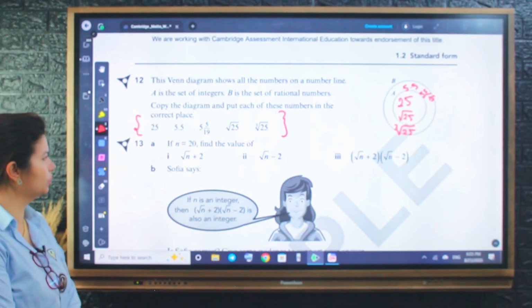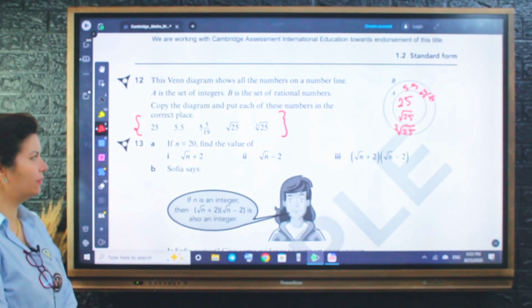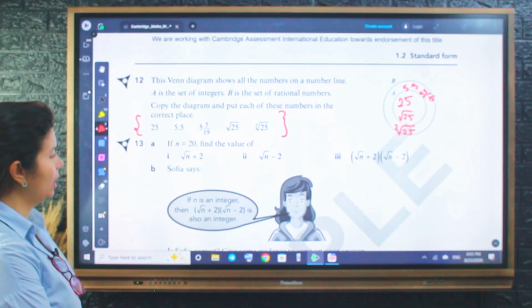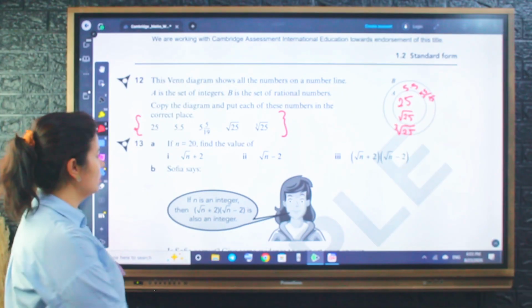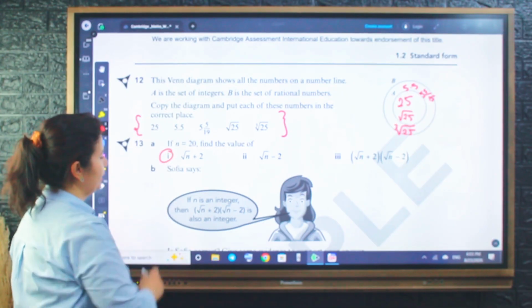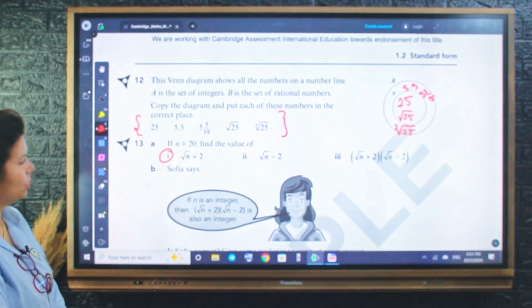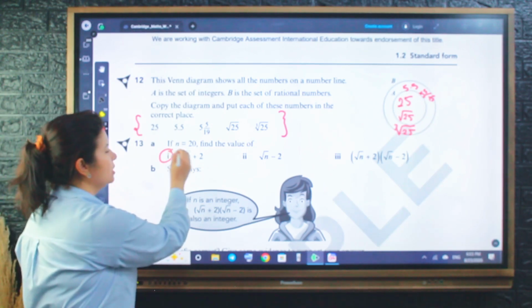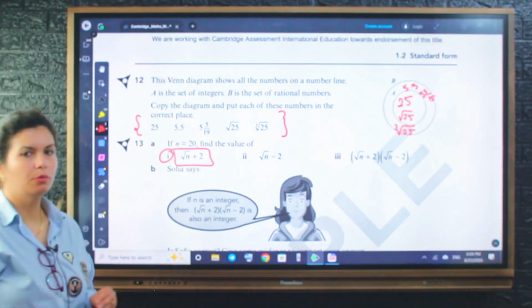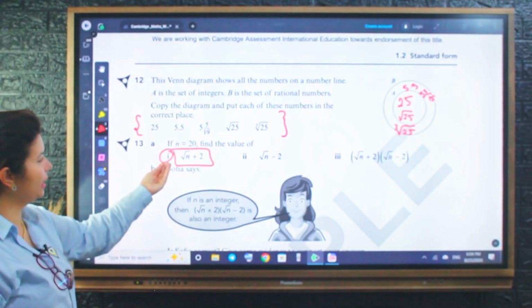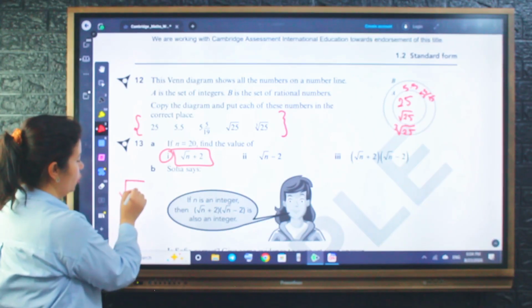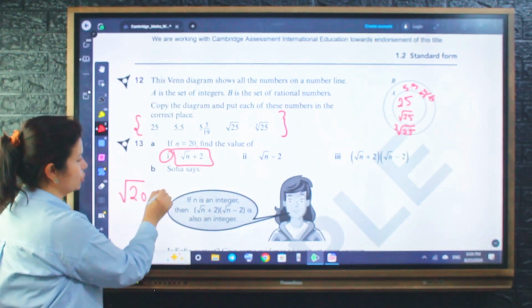Look at number 13. If n equals 20, find the value of each. Find the value of A, root n plus 2. So we just need to replace the value of n by 20. So letter A is going to be root 20 plus 2.